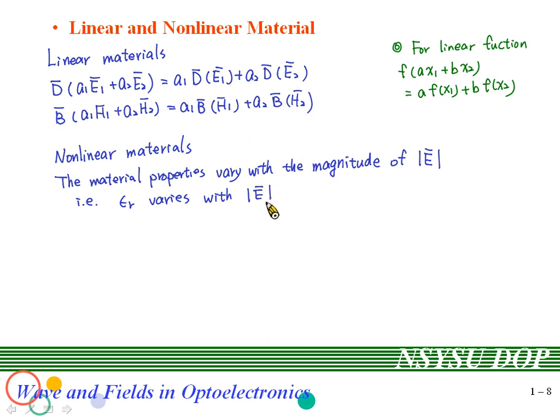Okay, so let me show you one example. If the electric polarization P can be expressed in this way: epsilon 0 times chi 1 plus chi 2 absolute value of E plus chi 3 times the square of the absolute value of E. If the material properties have a relationship like this, you will see that if you have a larger E field, P will become very large, and if you have a smaller E field, P will become very small, but not in a proportional way.